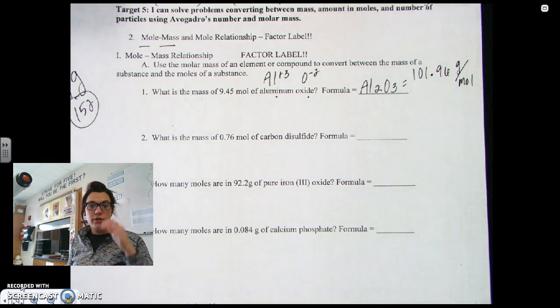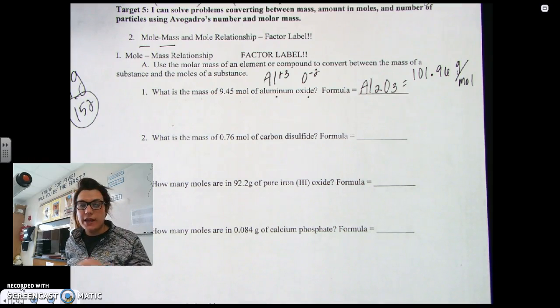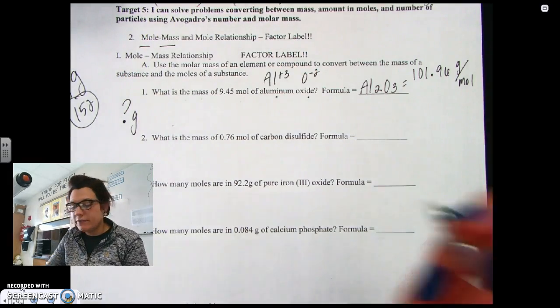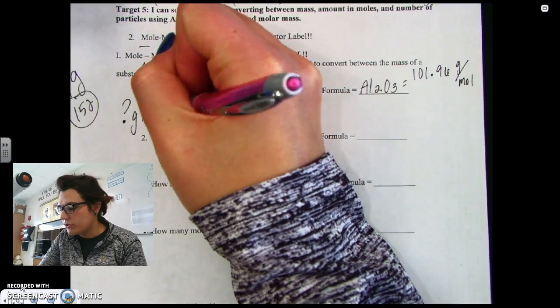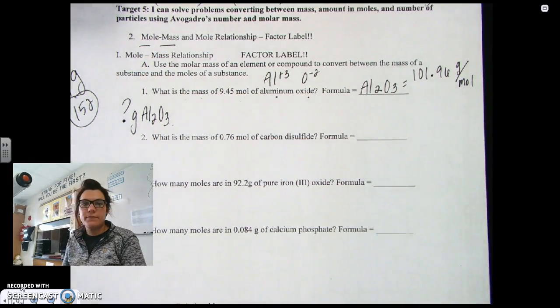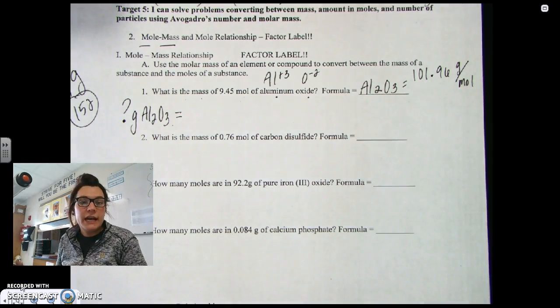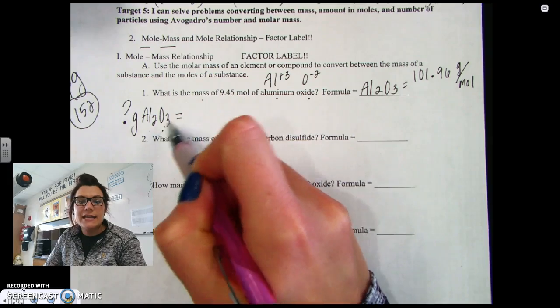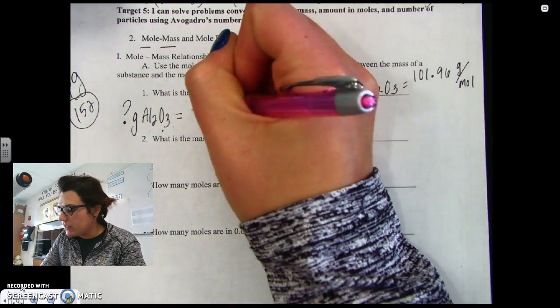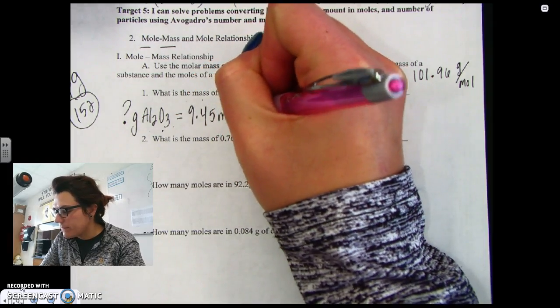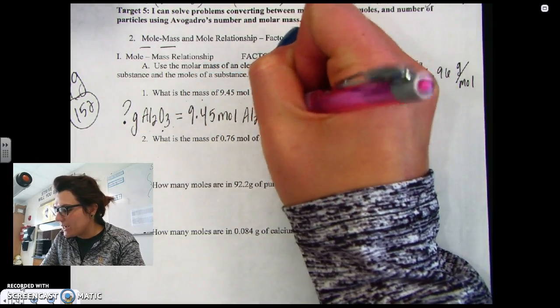Okay, now let's solve this problem. It says, what is the mass? Okay, so question mark, what am I looking for? So it's question mark grams, specifically of Al2O3, is equal to the number I'm given, which is 9.45 moles of aluminum oxide.